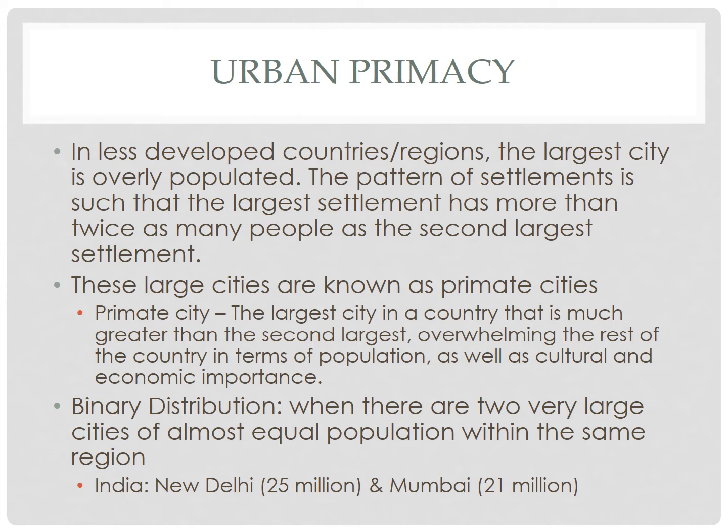Way more than twice as much. Again, according to rank size rule, the second largest city should be half the size. So the largest city should be twice as big as the second largest. Under the law of the primate city, that's different. The largest city is way more than twice as big.